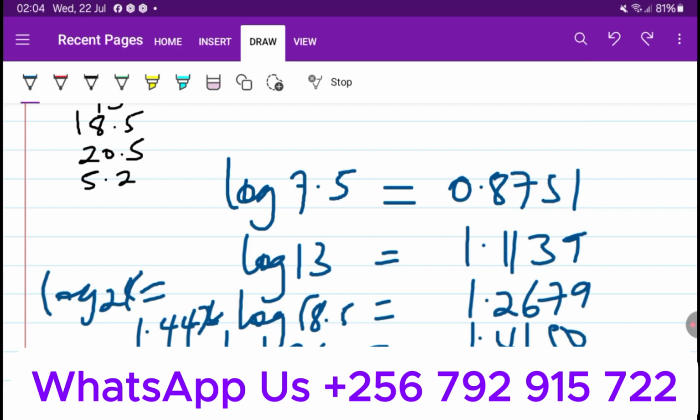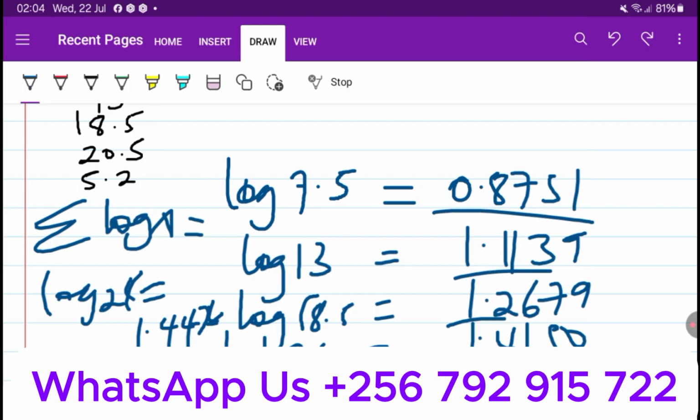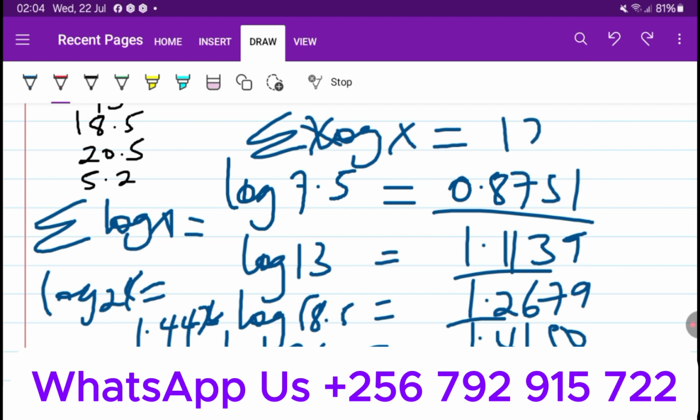So now you add up, you get the summation log x. You add up all these logs that you have gotten. We've seen that the total summation log x is equivalent to 12.2860.